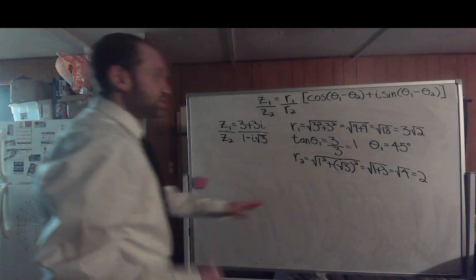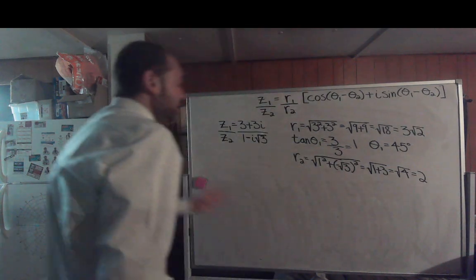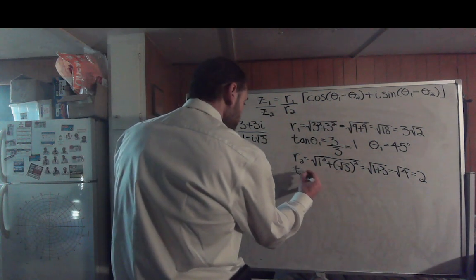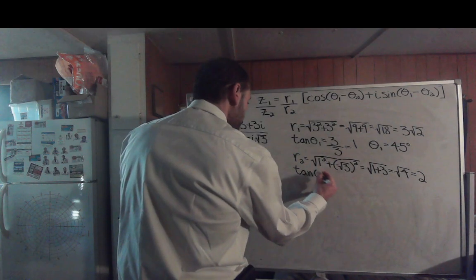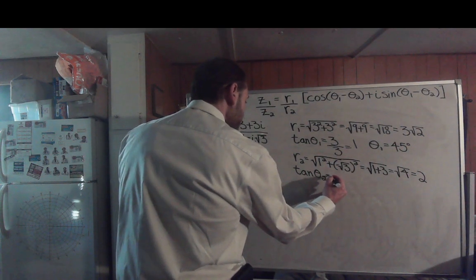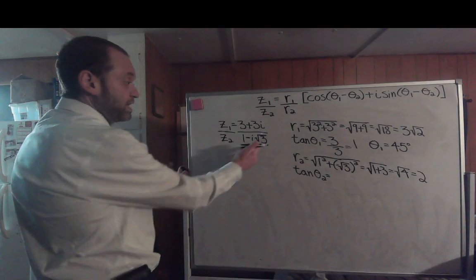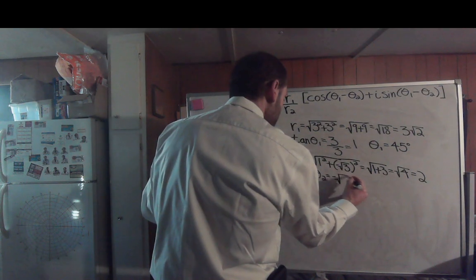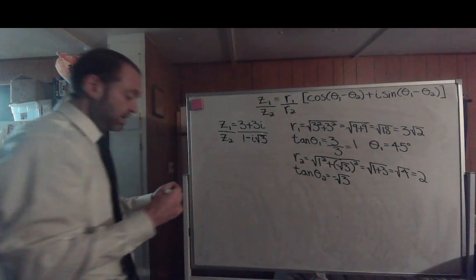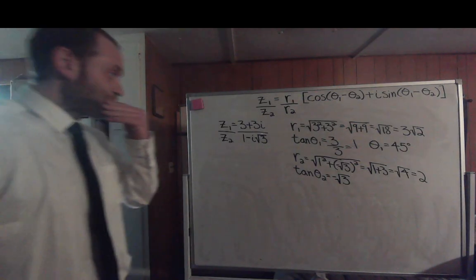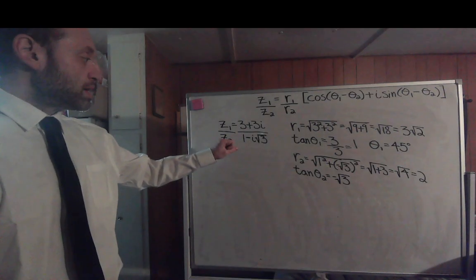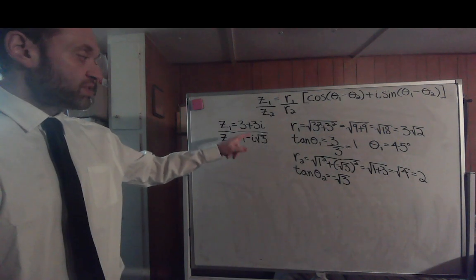So we found r sub 2 to be 2. Now let's find theta sub 2. So let's start out with the tangent of theta sub 2 equals your b over a, so that'd be negative square root of 3 over 1, or simply negative square root of 3. Well, okay, so here's the thing now.